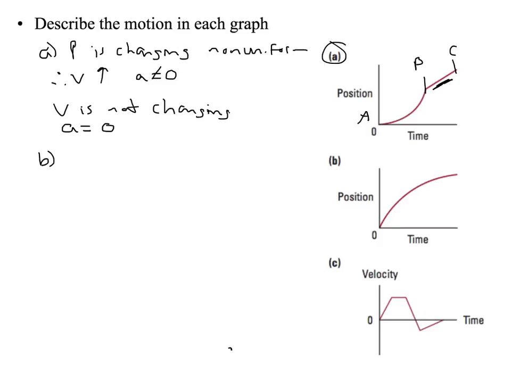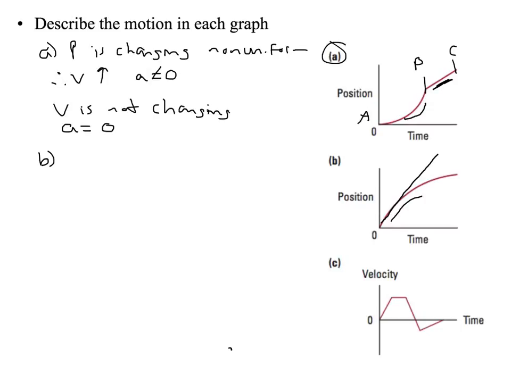In B, it's kind of the opposite. Position is changing more slowly as time increases. And you can see that this curve is kind of the opposite of this curve here. Again, a linear change for a constant velocity would look something like that. We're actually slowing down.